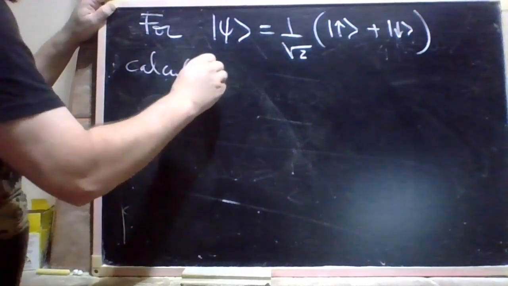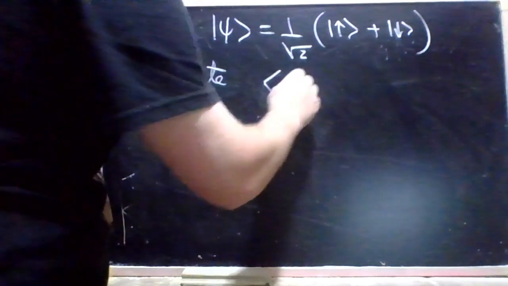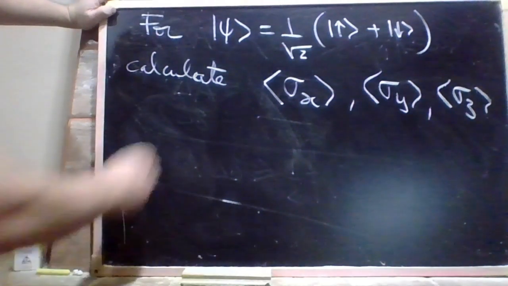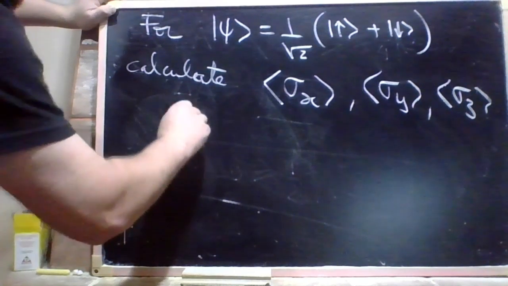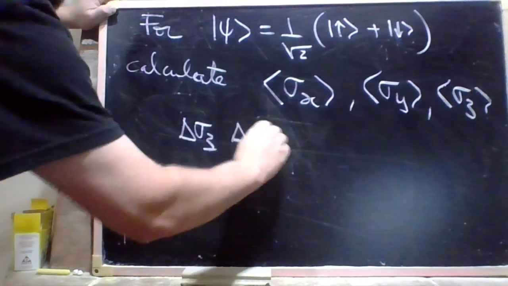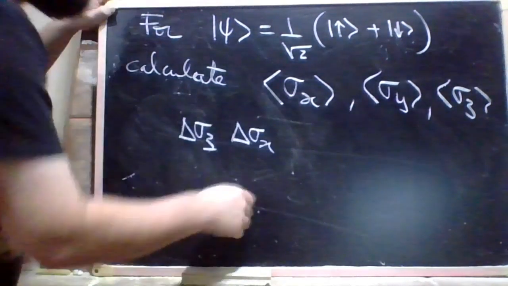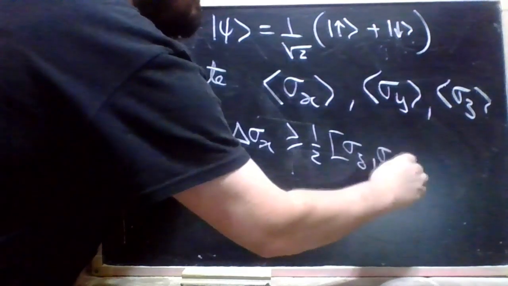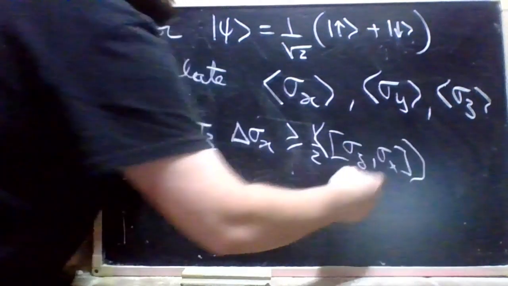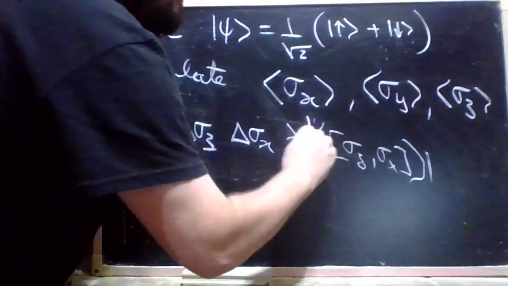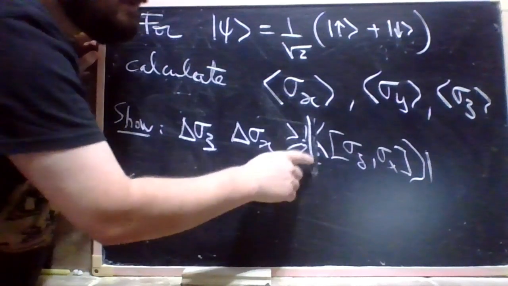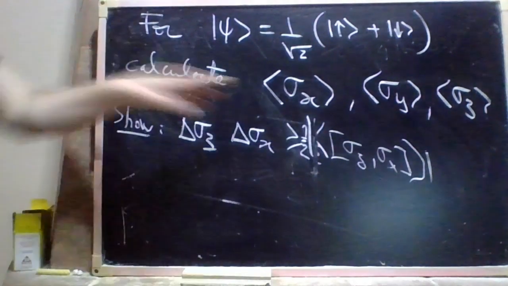Calculate the average of this, the average of this, the average of that one, and the variances and delta of sigma z, delta of sigma x, and commutators, and show this thing here. It doesn't matter the order now because you're plugging in the average and the modulus here. Show this thing here. Okay, you must demonstrate by explicit calculations that this is true.